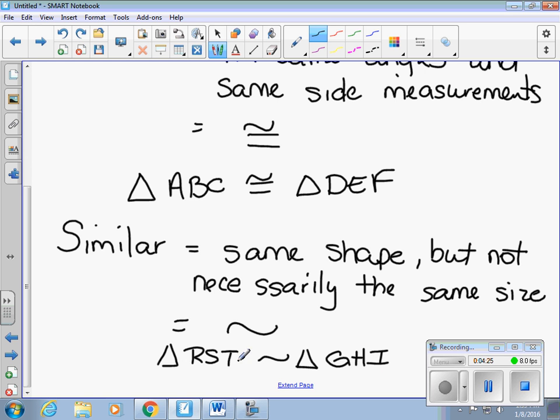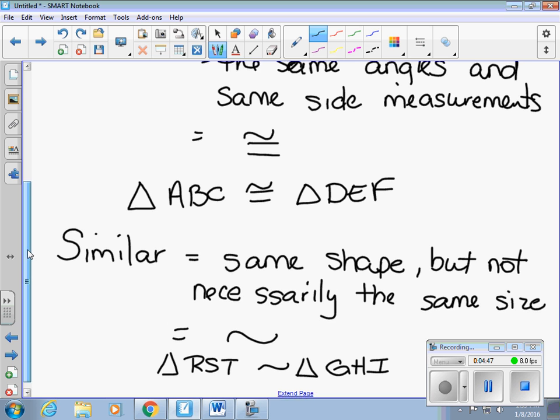So I would still list the two shapes that I have and tell you that they're similar. You guys will get into some of the similar stuff. I don't believe we do that this year. We may a little later, but at least next year you'll do some of the similar shapes. But we're doing congruent pretty much this year.